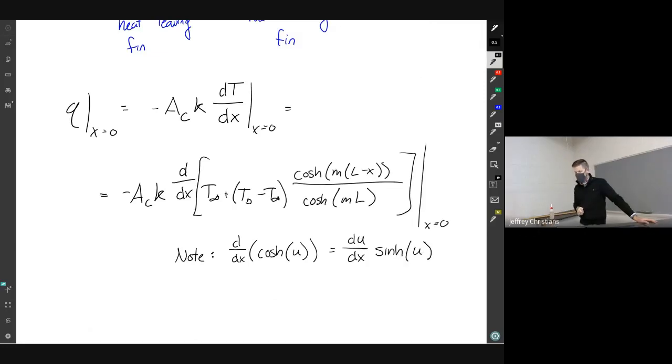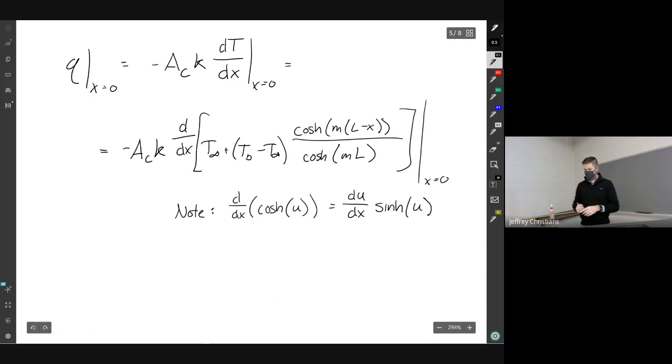So cosh and sinh work like sine and cosine, where if you take the derivative, it switches from cosh to sinh, and then you have the derivative of the inside part that comes down in front, okay? So that's all this is saying. You try to take the derivative of cosh, it flips to sinh, but then you have the derivative of the inside stuff come out. I promise we're almost there.